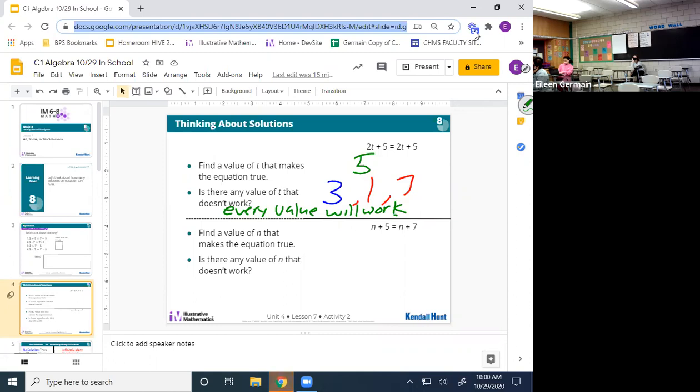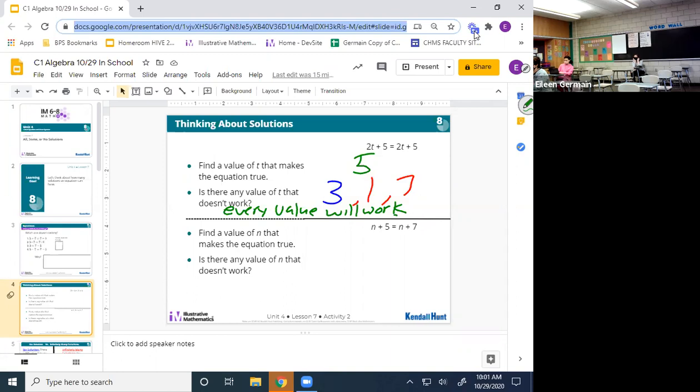Now let's look at this second one down here. Find a value that makes the equation true here. Is there a value that would make this equation true? So Connor, try to substitute that in and see if it's still true. Connor originally said 0.